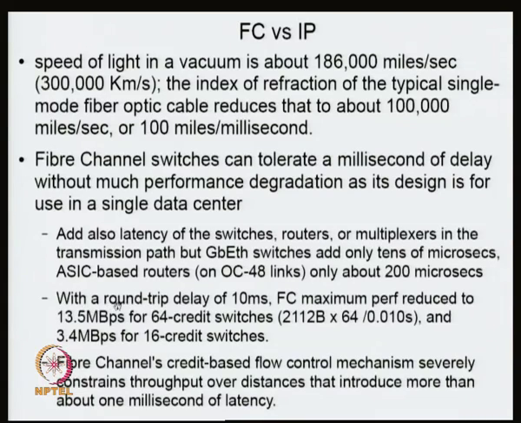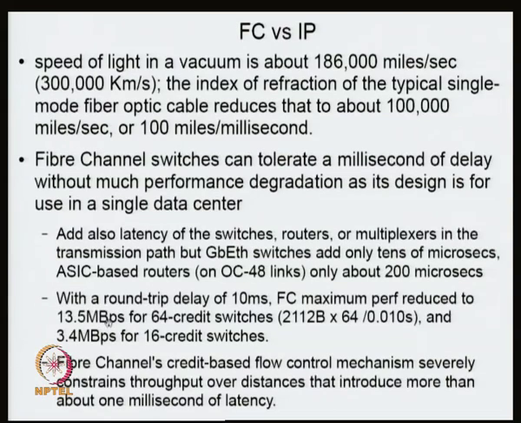So in a sense, your round trip delay has a very important impact on performance. It is true for TCP also, but because of the way flow control is done in TCP, by using bigger buffers you can do much higher throughputs.